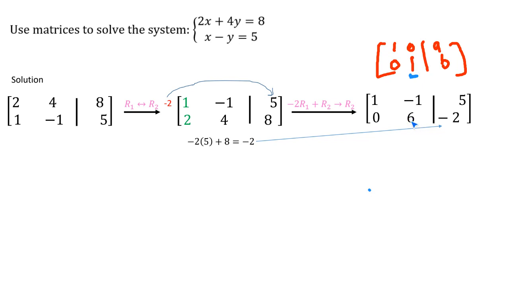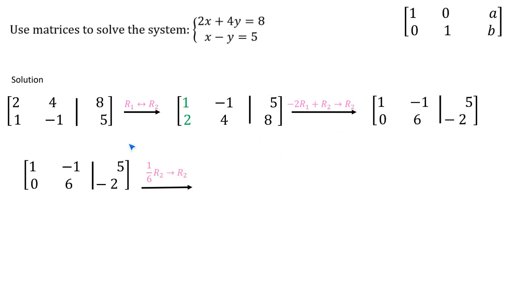In order to make this 6 a 1, I can multiply the 6 times 1/6, because 6 times 1/6 is going to be a 1. I'm going to represent that with 1/6 times row 2, and then my answer, I'm going to place it in row 2. So I have 1/6 times 0, 1/6 times 6, and 1/6 times negative 2.